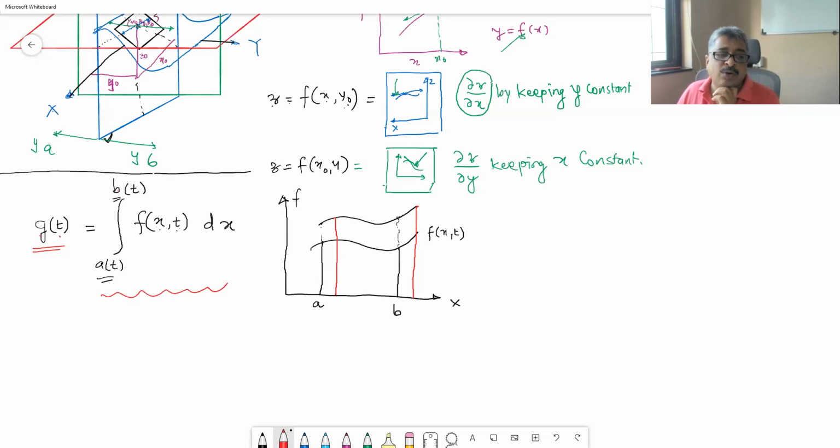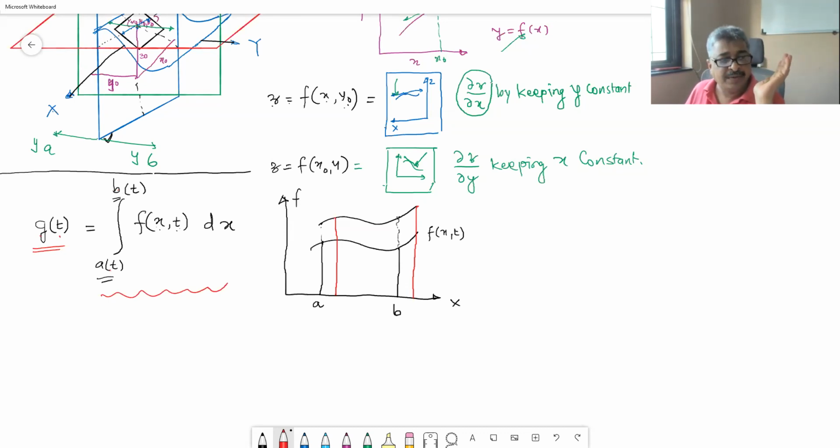If both these are going to be constants, then whatever antiderivative you get will be evaluated between two constants, upper minus lower, and you will end up getting a constant. So g of t will end up being a constant, and that has been our earlier definite integral. Every time it was a constant. It was geometrically representing the area under the curve.